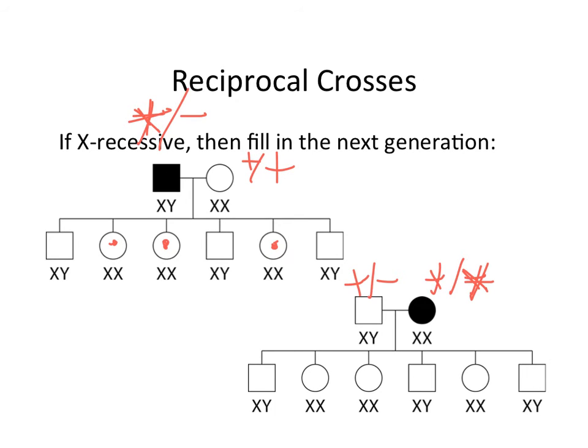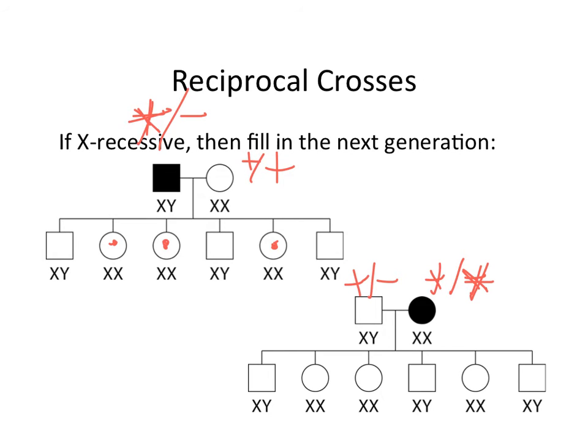Are there any carriers in the third gen or second generation? Who are the carriers in the second generation? The daughters. How many of the daughters? All of them.